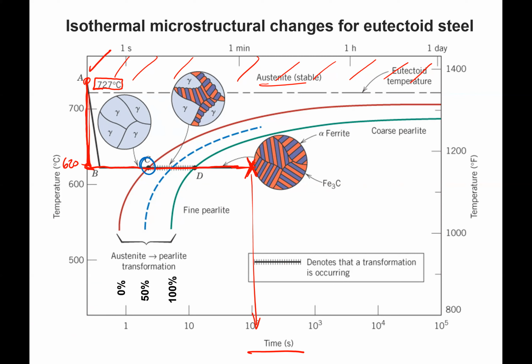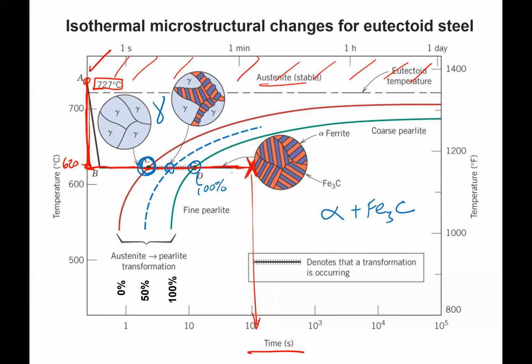And so this region over here is still austenite, and this region over here is the ferrite plus cementite pearlite microstructure. So I start the transformation here after about 2 seconds. I'm 50% completed after about 6 seconds or so. And then after about 10 seconds, I've actually fully formed 100% pearlite structure.